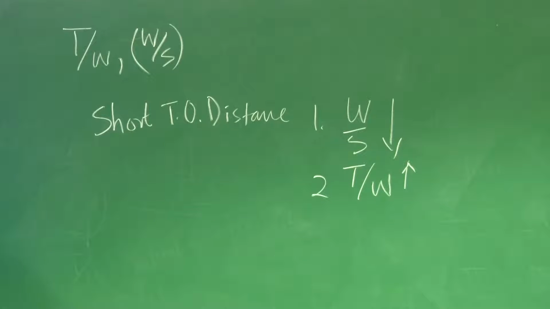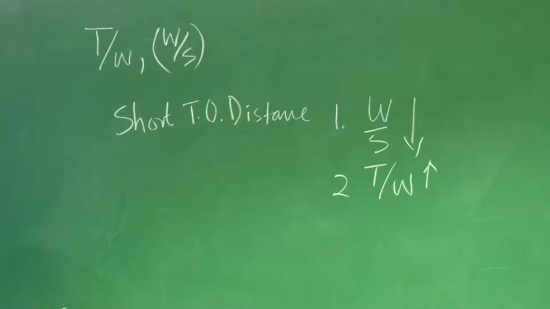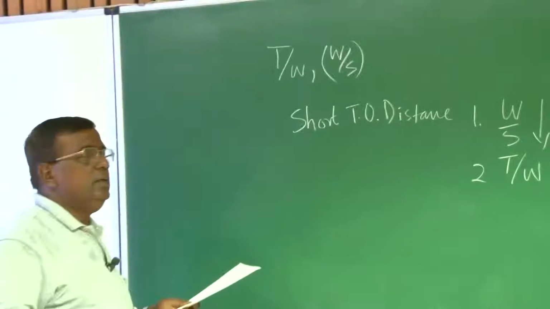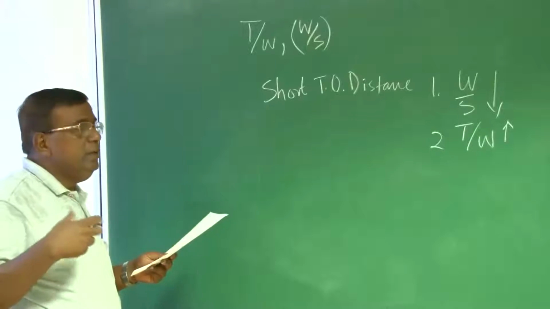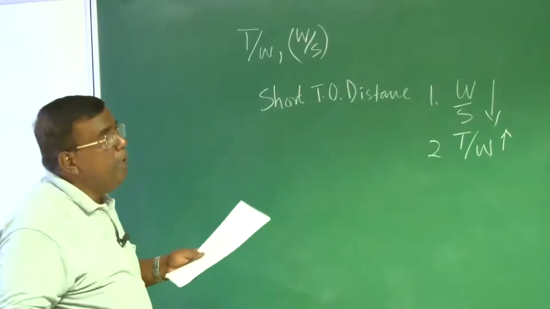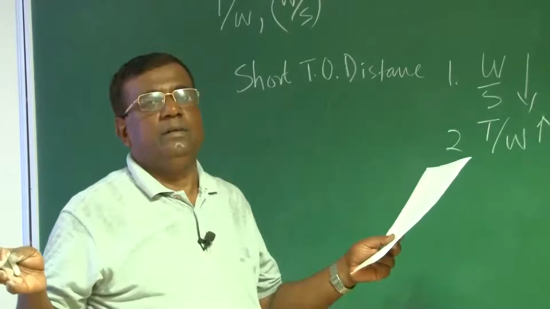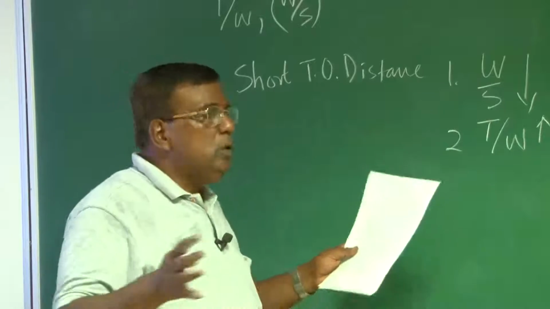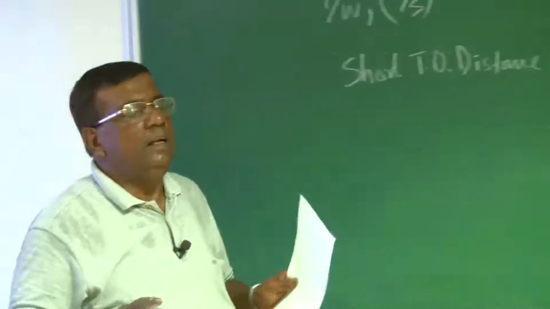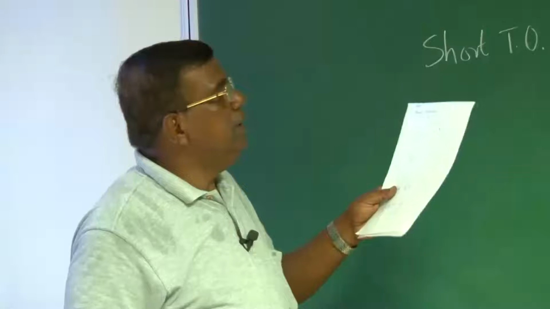Now, if you want T by W to be high, that means thrust generated is higher. So what happens for a given technology, it is expected that the engine size will increase, the weight also will increase. So it may affect your takeoff weight. So all this conflict will come. W by S low means S is very large. It may add up to the weight. Okay? So finally you will see that we have to do a lot of compromise, but standalone we should know these things.